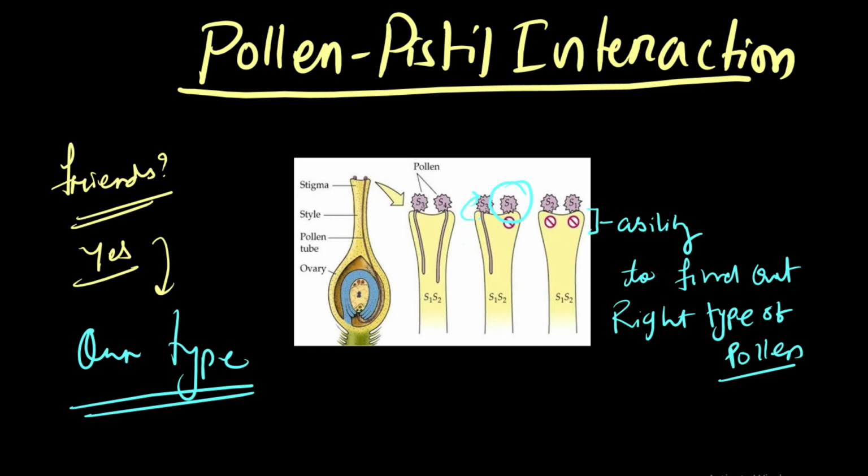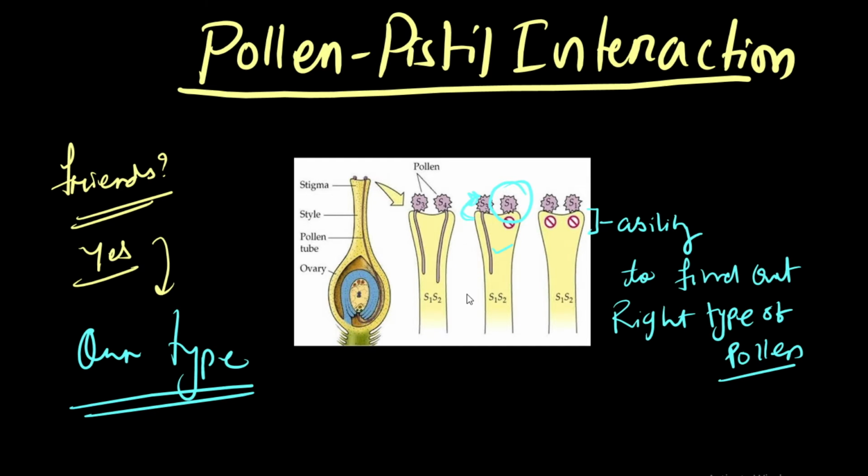If the right type of pollen gets on the surface of a stigma, at that time the stigma accepts the pollen, and it also allows the pollen to germinate. As a result, it produces a pollen tube.